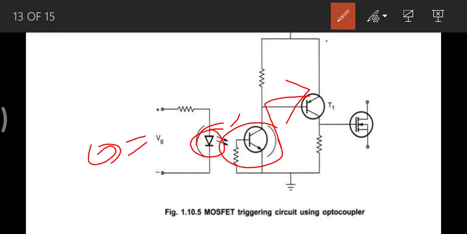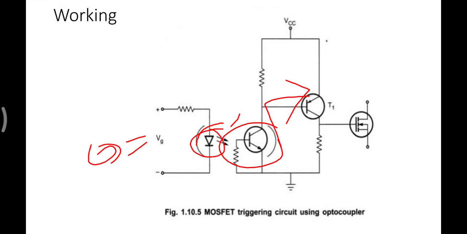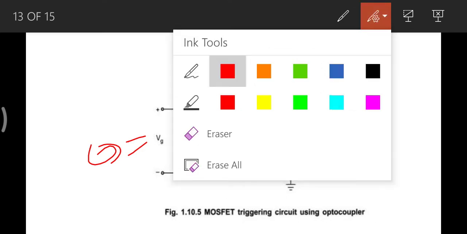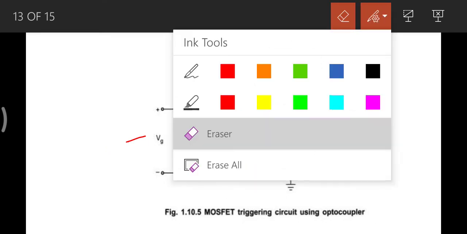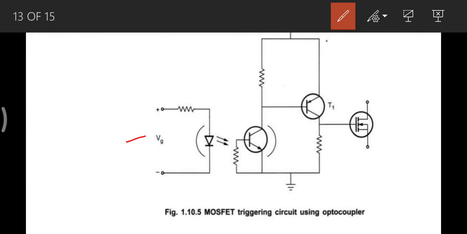So this is the entire process for the isolation using optocouplers. Here we have to observe one thing: this photo LED and this photo transistor are not connected electrically. It is just light that falls.